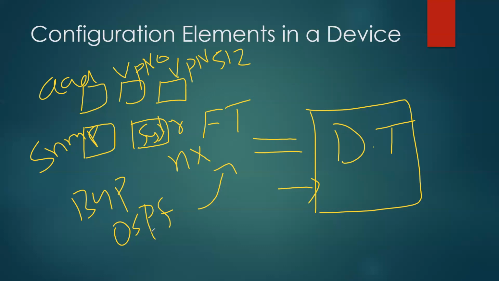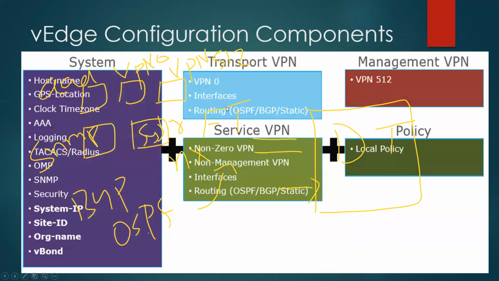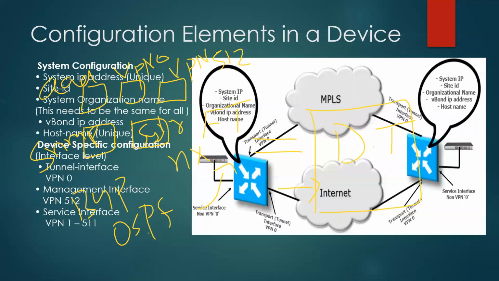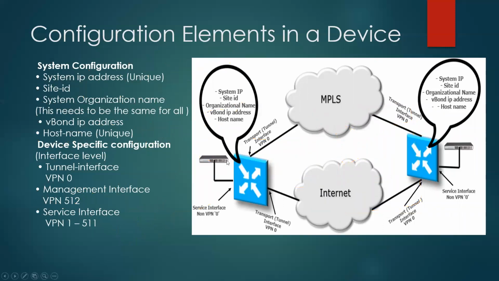Okay. Now in our case, we are going to talk about the minimum configuration, right? In this minimum configuration, how much configuration do we need? Maybe only a 10-line configuration to bring up the device. That will be your bootstrap configuration.